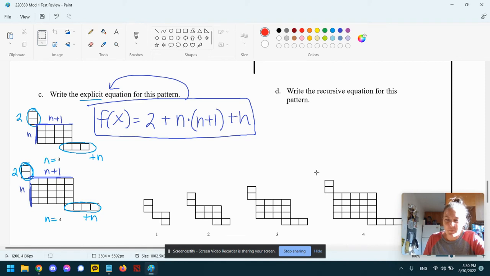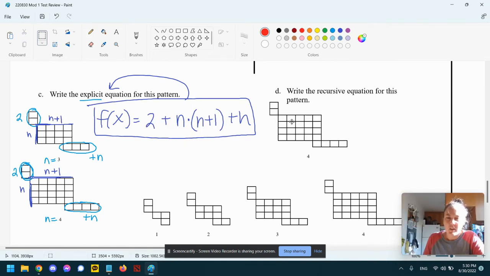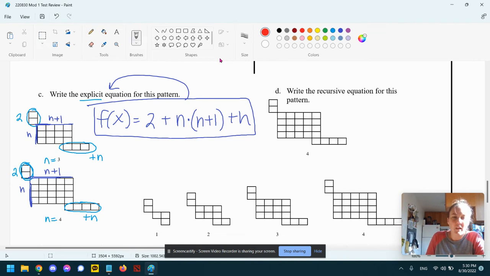Okay, for recursive, what I want to do, copy paste, is I want to think of what came beforehand and how can I transfer this one? How can I change this into the next one? So I'm going to, in red, color over the f of 3 pattern.